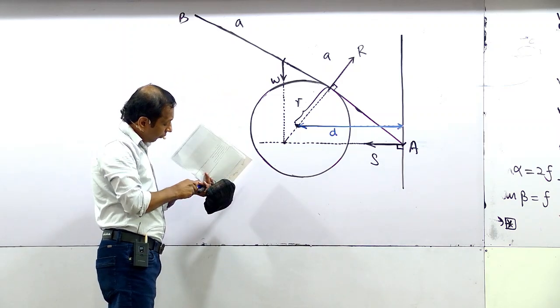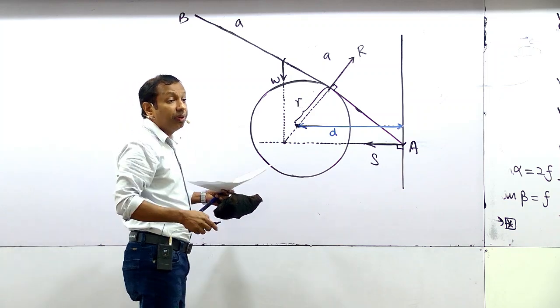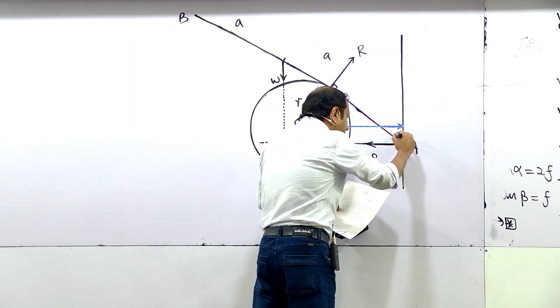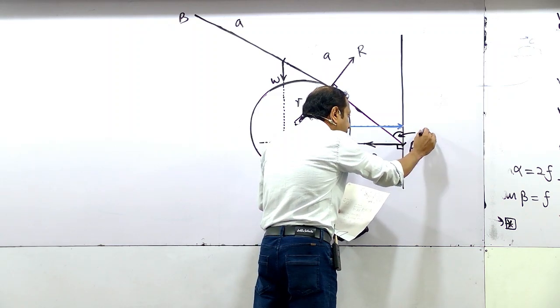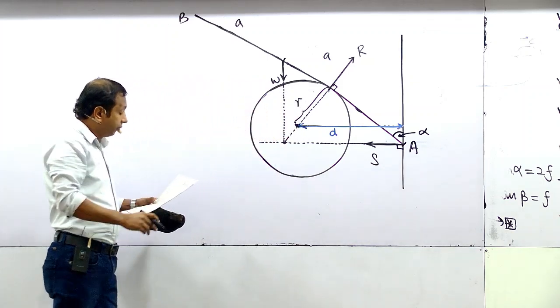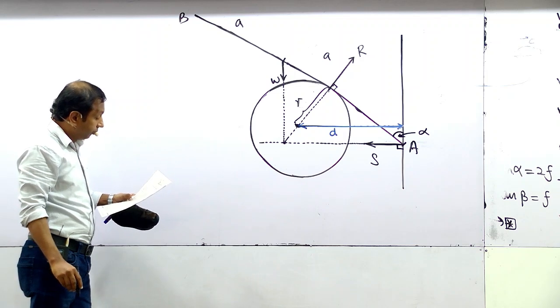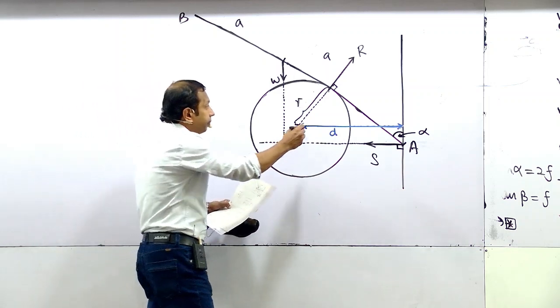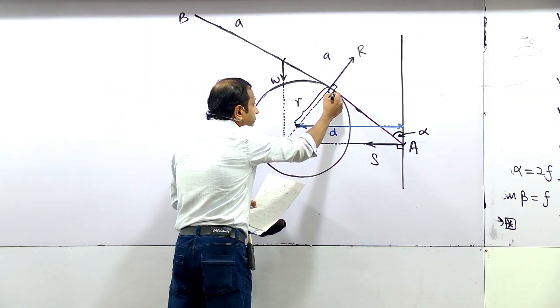And also, the angle the rod makes with the wall is given as alpha. This is alpha. Here 90. Okay?